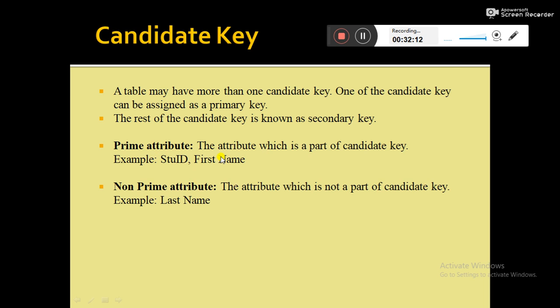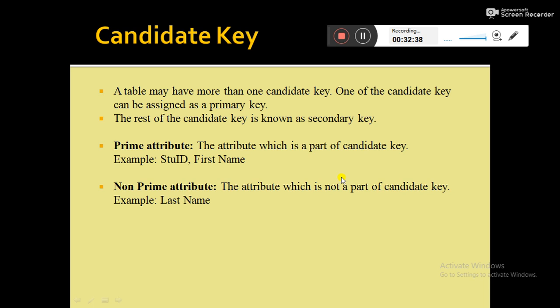So if you consider the last name, is it a prime attribute or not? Assume that stud ID, first name is a candidate key, though it is not. If you consider the last name, how to tell whether it is a prime attribute?